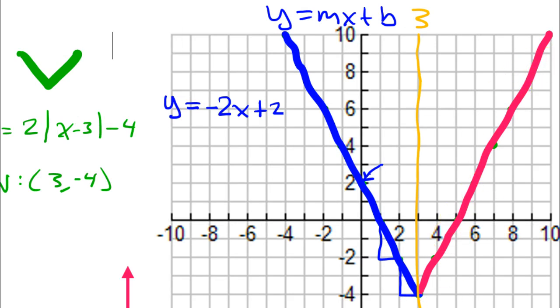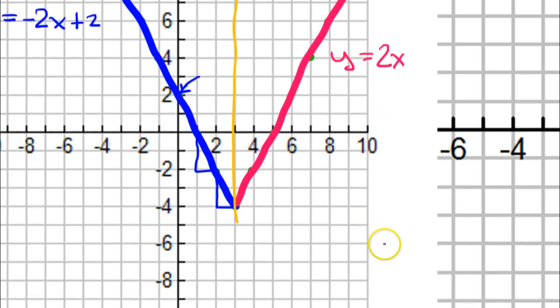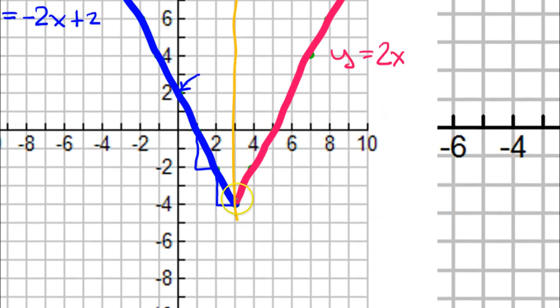Now for the other part, it's going to be very similar. Again, I'm thinking y equals mx plus b. So we need the slope and the y-intercept. This was going down 2 over 1. This is going up 2 over 1. So that's positive 2 slope, so I'll say 2x. Now the y-intercept is going to be slightly more tricky here because the pink part doesn't actually touch the y-axis.